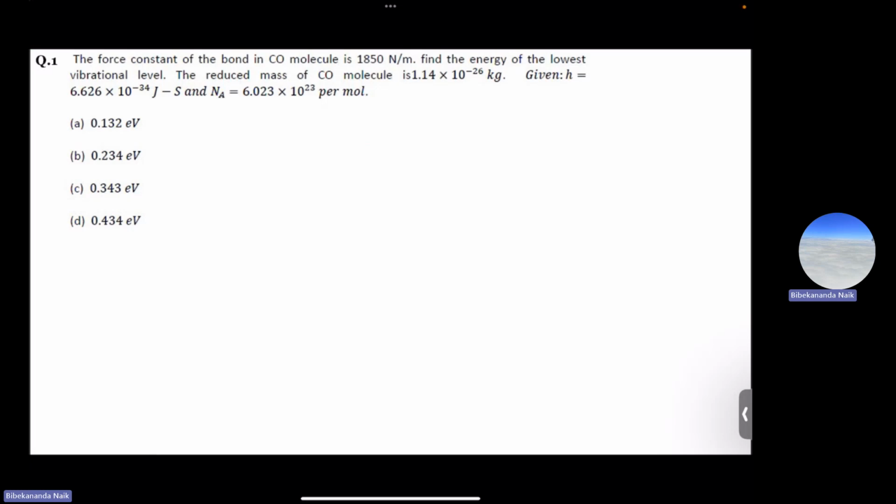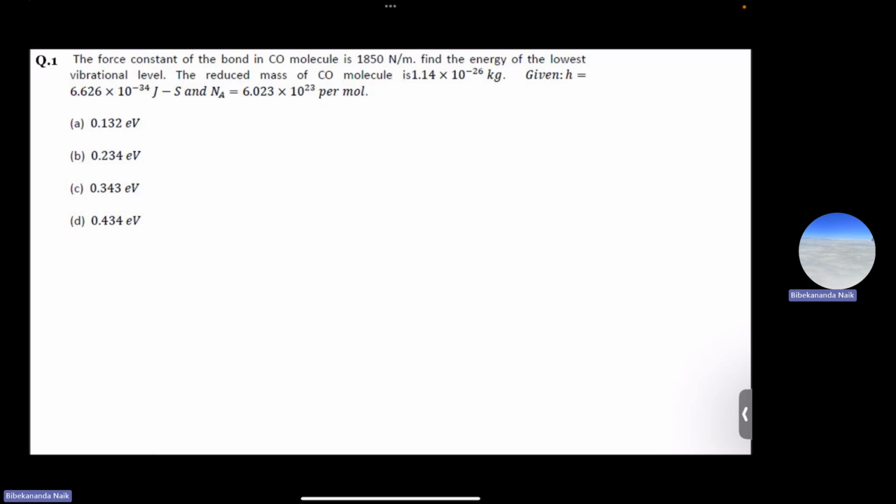The options are A 0.132 electron volt, B 0.234 electron volt, C 0.343 electron volt, and D 0.434 electron volt. So this is the first question.